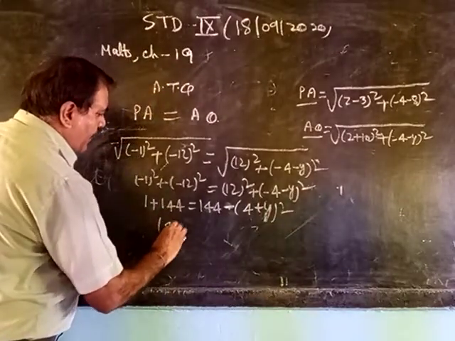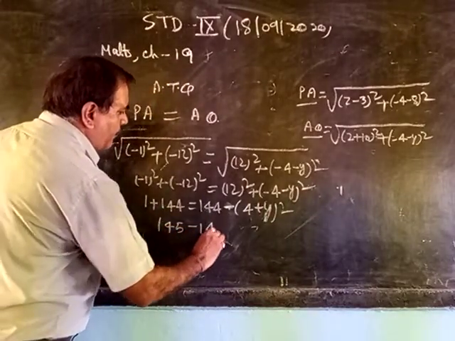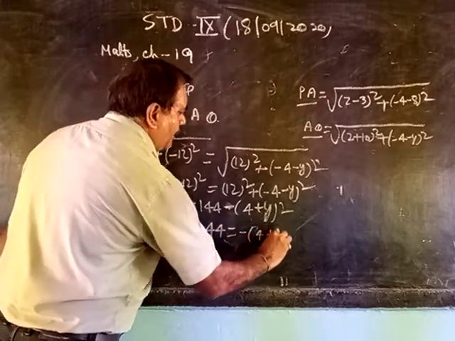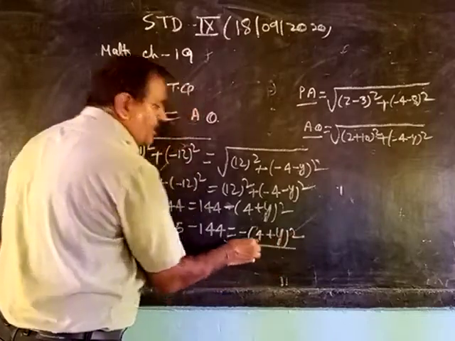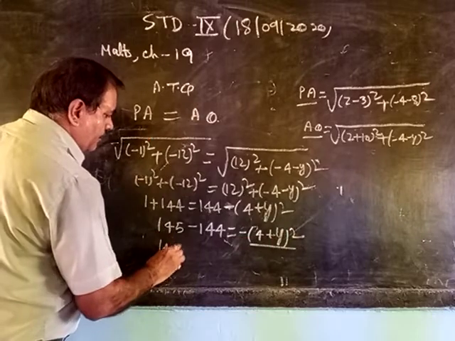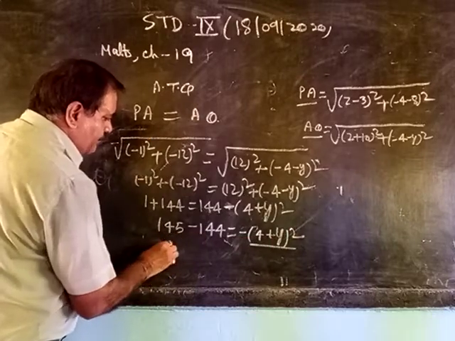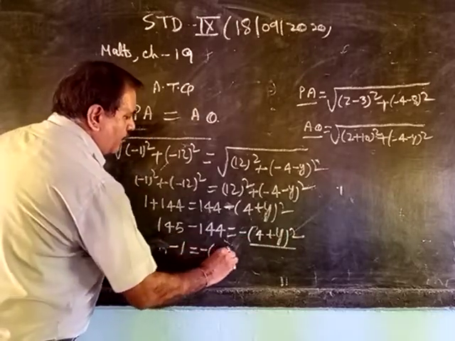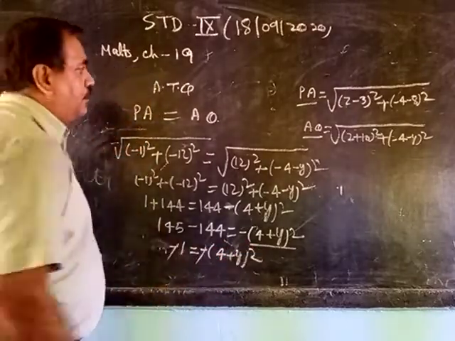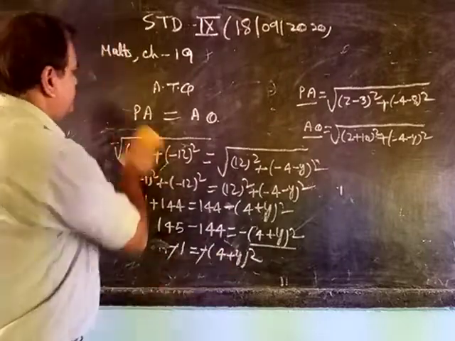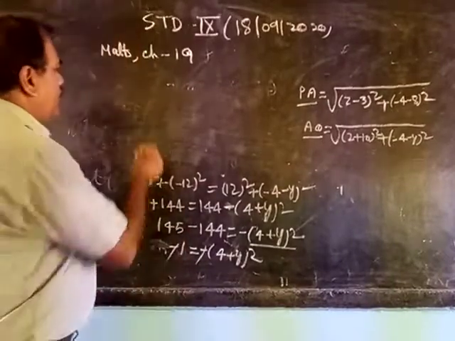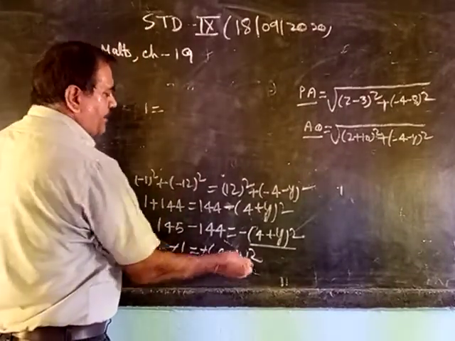So 145 minus 144 is equal to (4 plus y) whole squared. Now you have to expand (a plus b) whole squared. So we can write 1 is equal to (4 plus y) whole squared.